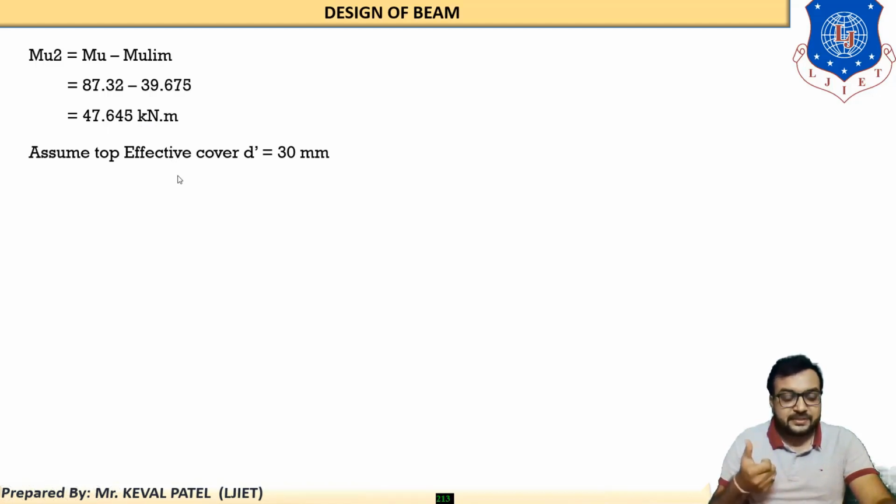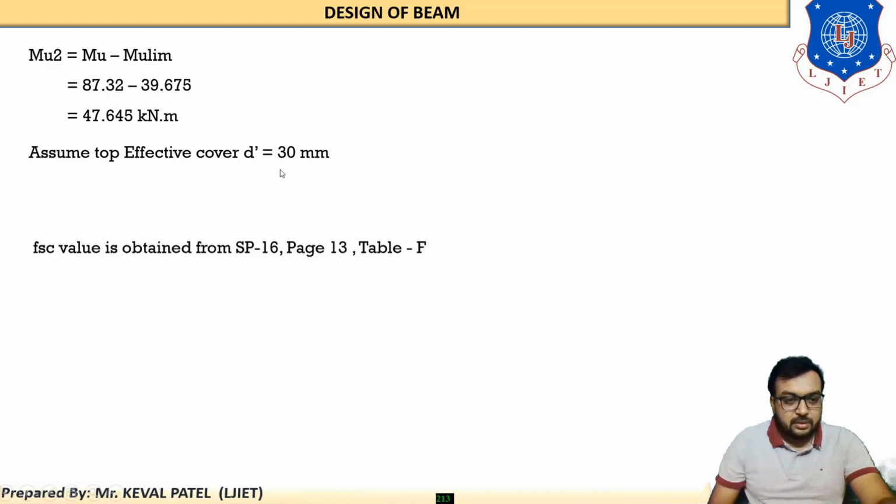After finding out MU2, we have to find out FSC and FCC. For FSC and FCC, we have to assume our top effective cover, which is called D dash. This top effective cover is assumed between 20 to 50 mm. In this example, we assume 30 mm as the cover.